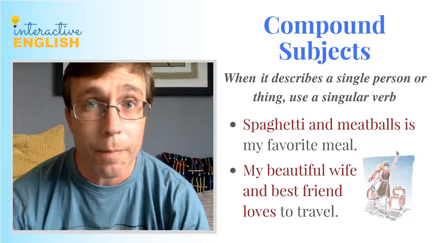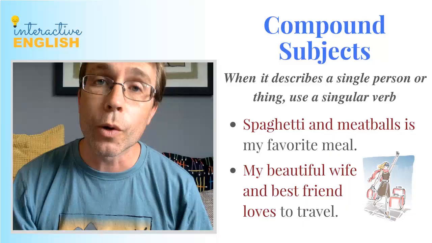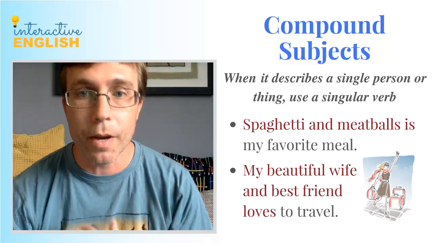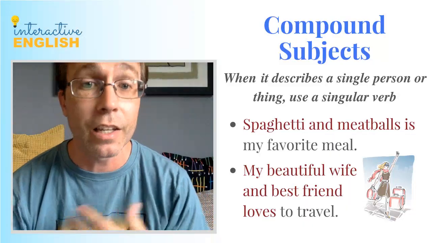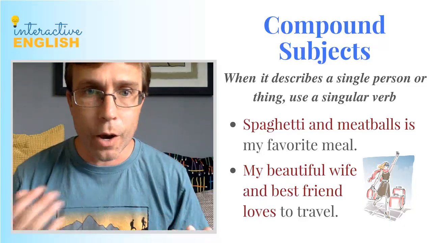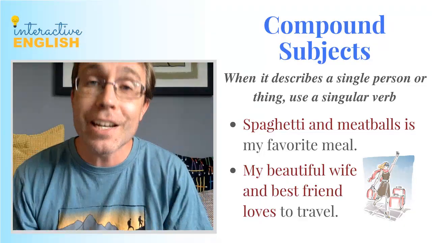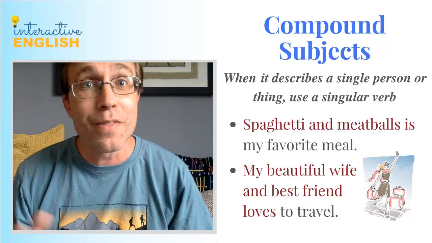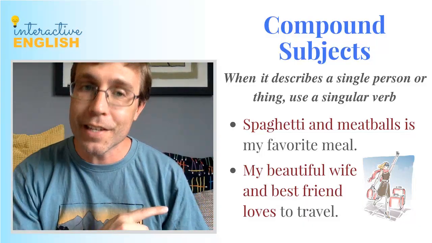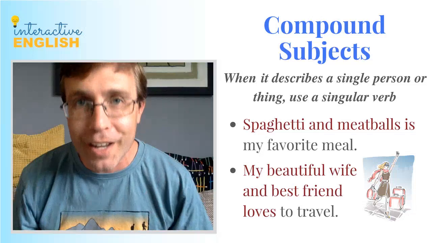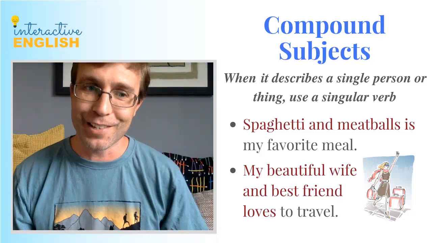And if I'm talking about the same person, then we're going to use the singular verb. My beautiful wife and best friend loves to travel. Now, if your beautiful wife and best friend are two different people, then that changes the verb. Then you would use a plural verb. But in this case, I'm talking about Joanna, my beautiful wife and best friend.